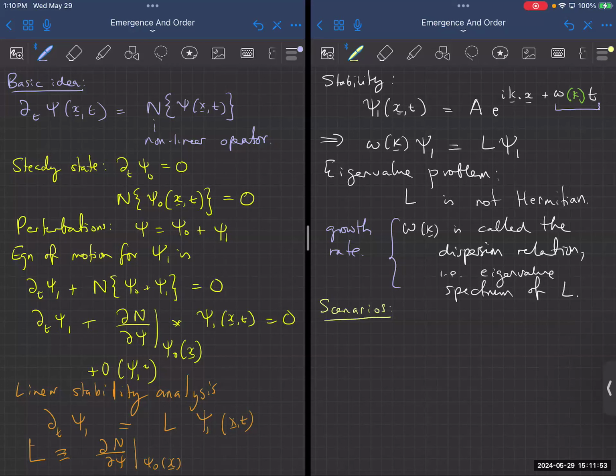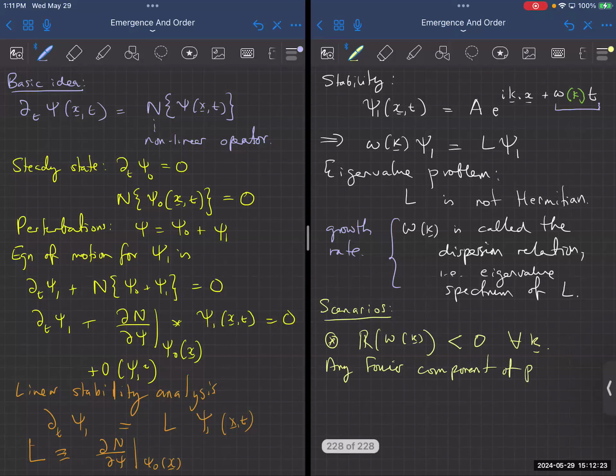So the first scenario is the following. First one I'm going to write down is that the real part of omega of k is negative. And that's true for all values of k. So this means that any Fourier component of the perturbation will exponentially decay in amplitude.